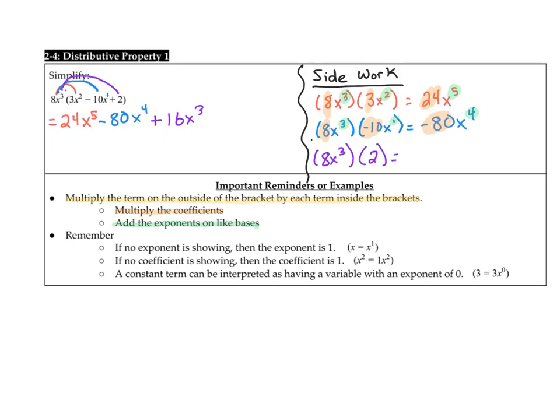So when you multiply the coefficients, 8 times 2 is equal to 16. And when you add the exponents, that has an exponent of 3, but the second term doesn't have any exponents, so there are no exponents to add. So you just leave it as 16x cubed.